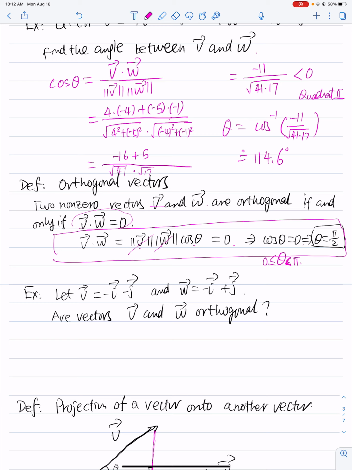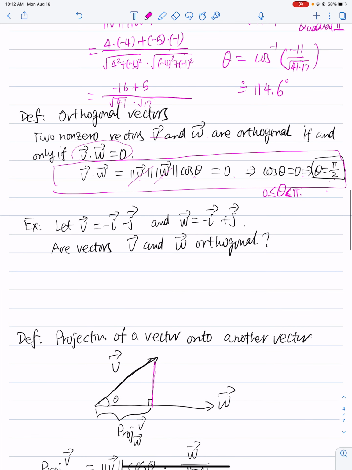Cosine equals 0 when theta is between 0 and pi. Theta has to be equal to what? Pi over 2. So it has to be what? 90 degrees. So how could you check whether two vectors are orthogonal or not? You want to check whether v dot w equals 0 or not, yeah? So what is v dot w here?